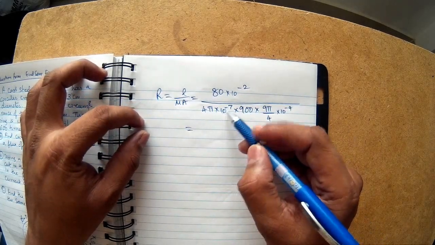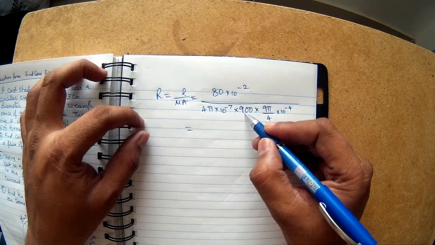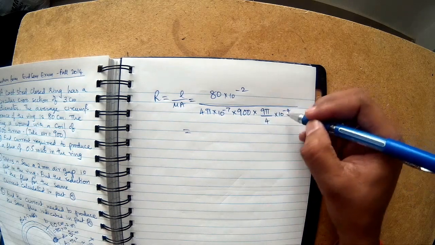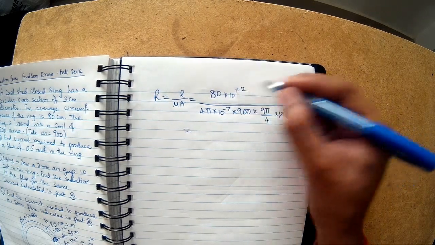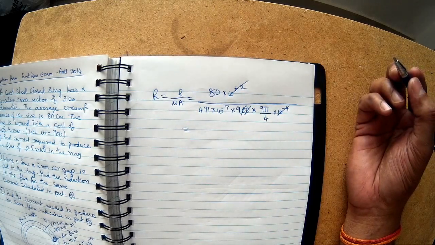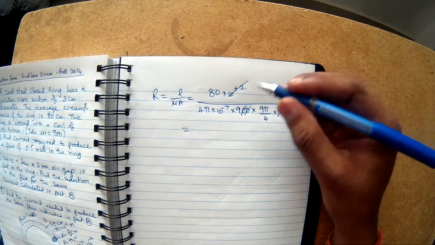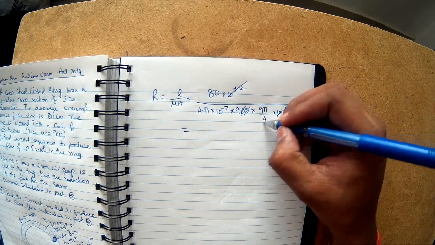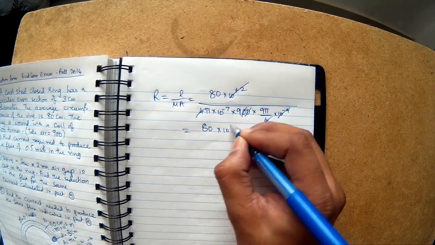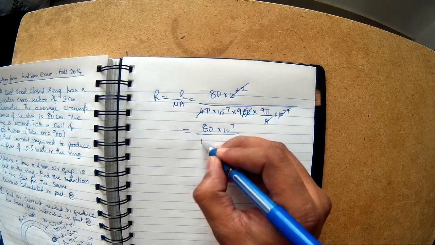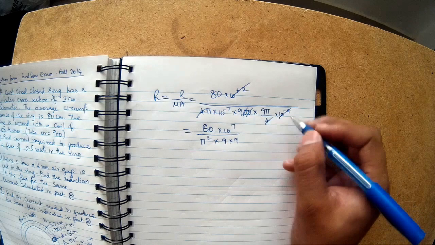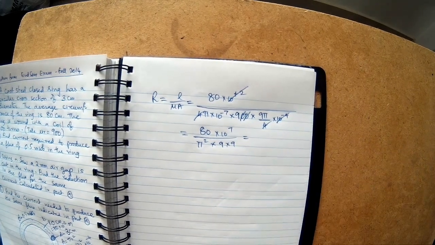This 10 power 4 goes up, it will become 10 power plus 2, and these 2 zeros will cancel out with the 10 power plus 2. Now we have all the things. This 4 and 4 will cancel each other. So I have 80 into 10 power 7 divided by pi square into 9 into 9. This is our total reluctance.